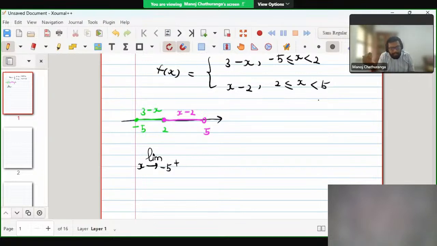If you take a point very close to -5 on the right hand side, the function value is 3 minus x. You substitute -5 into this formula, and that would give you the answer. At -5 it is supposed to be 3 minus -5.